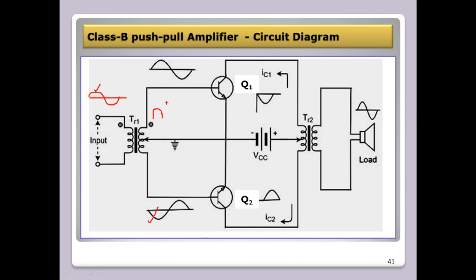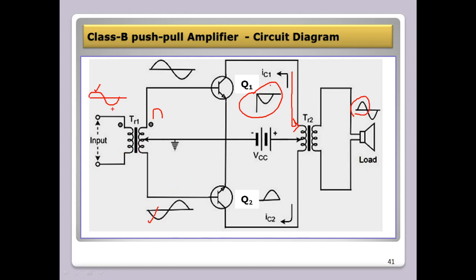So as the Q1 base is now positive and Q2 base is negative, only Q1 conducts and this gives the output signal here. This output is now given to the primary of the transistor 2, which is now coupled to the load.